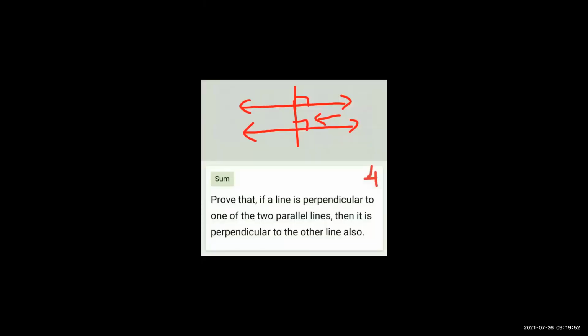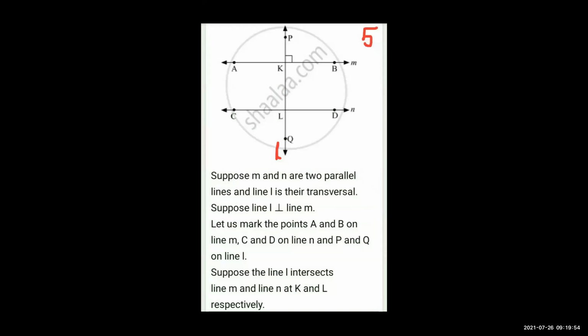Okay, now how to show that if the given line is perpendicular to the first one, it will also be perpendicular to the next line. Here you can see the diagram.